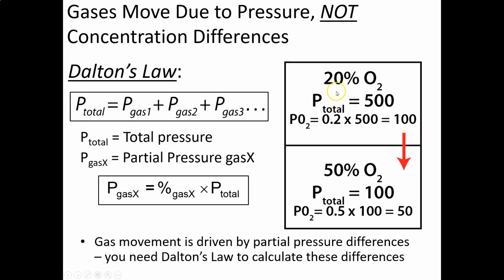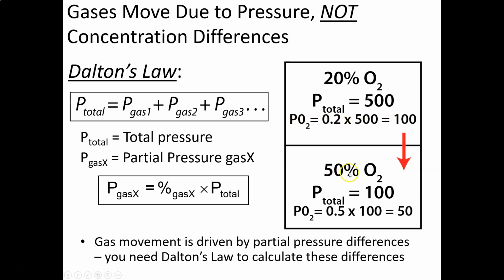Why 0.2? Because 20% oxygen is 0.2, right? So that's my percent of the gas, 0.2, times 500. Why 500? Because my total pressure, right, here's the equation down here, here is 500. So PO2 equals 0.2 times 500, that's 100.